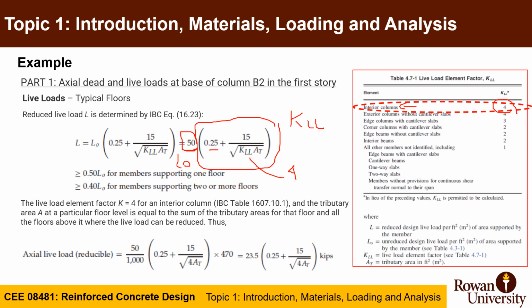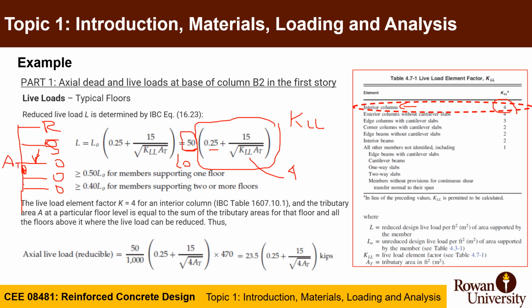However, AT is different for each column because you have the roof, as we mentioned, you have the storage, and you have office and office and office. This column actually is carrying one reduced office, so the tributary area will be AT.